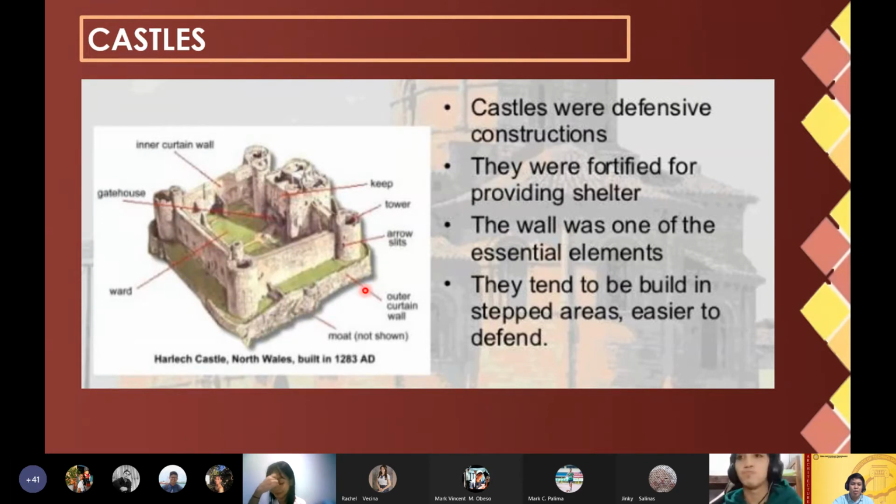Here, this portion is surrounded by a moat, a man-made river of water, right? So that's how they design the castles.